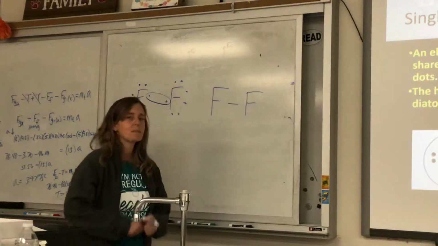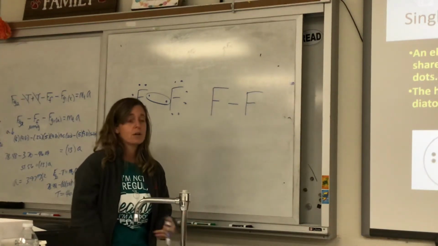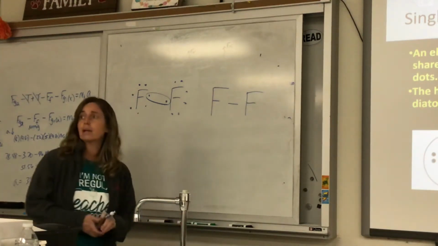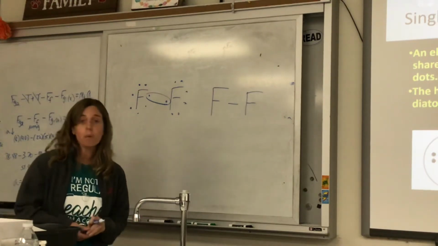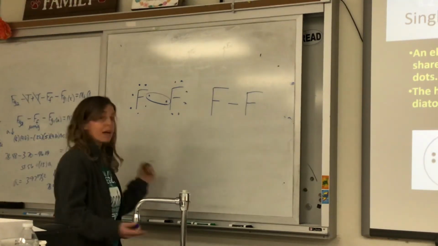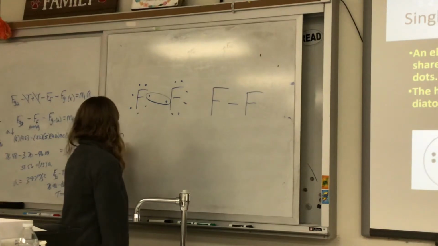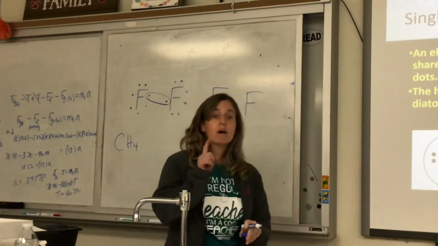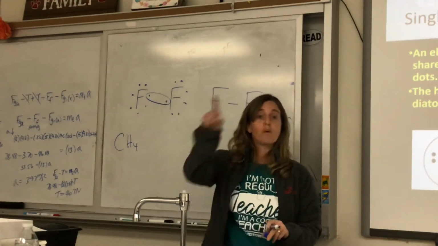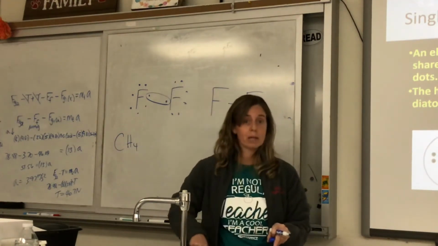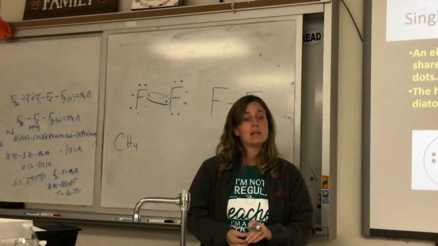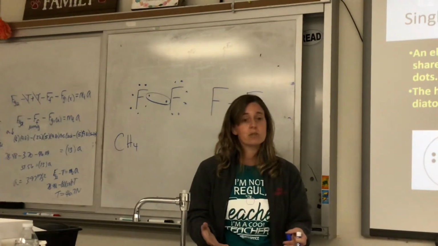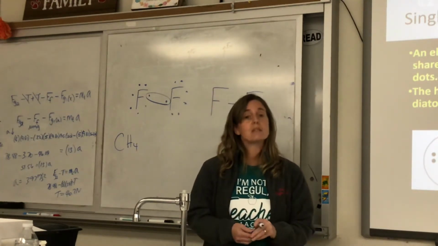What if I had something with multiple elements? Say I had something like CH4, which is methane. If I have the formula CH4, that means I have 1 carbon with 4 hydrogens around it. The first element listed, unless it's hydrogen, is always going to be the central element.